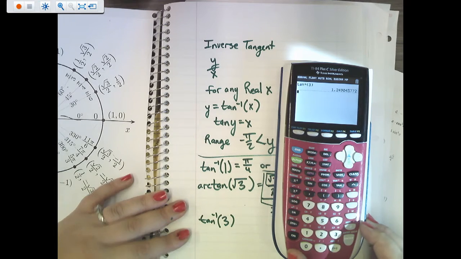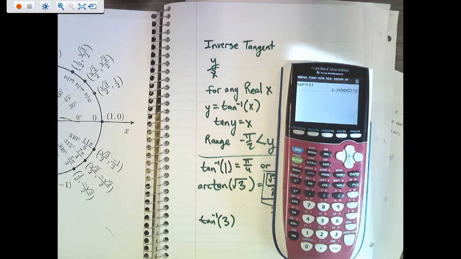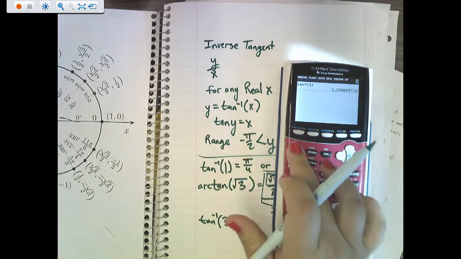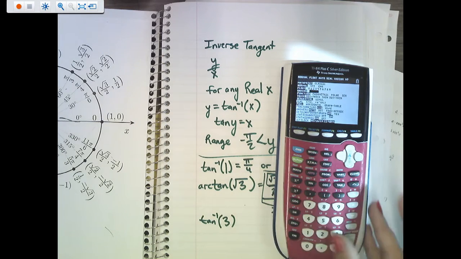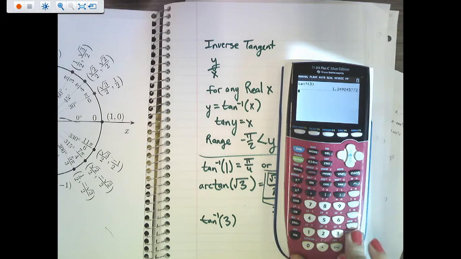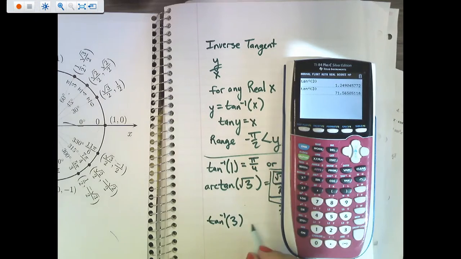Nothing crazy. You write down that answer, 1.24. I'm pretty sure it matters what mode you're in, and I want the answers in radians. You hit second tangent, yep, and do the radian answer to get 1.24.